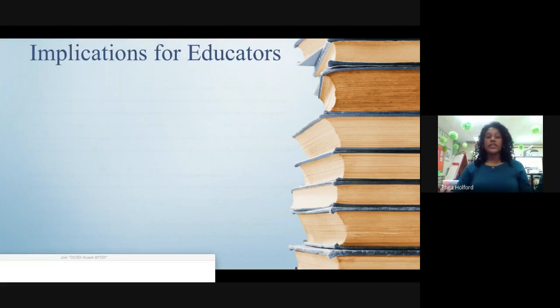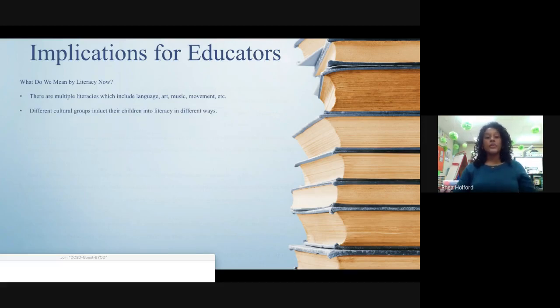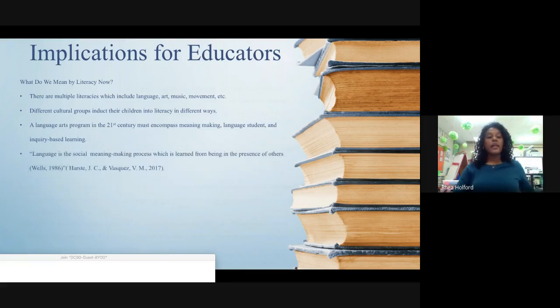Implications for educators. What do we mean by literacy now? There are multiple literacies which include language, art, music, movement, etc. Different cultural groups induct their children into literacy in different ways. A language arts program in the 21st century must encompass meaning making, language, student, and inquiry based learning.